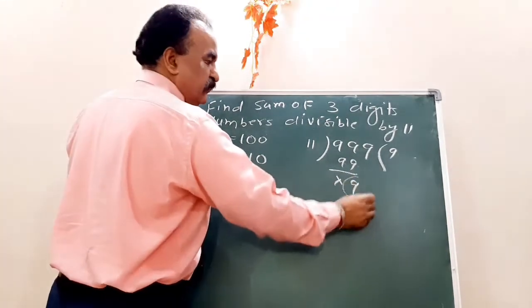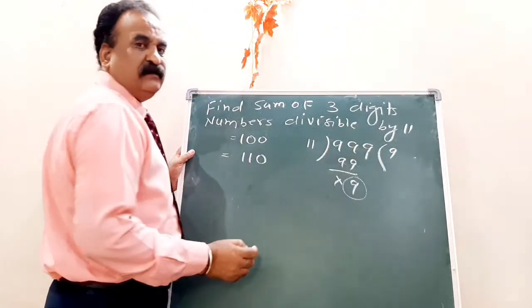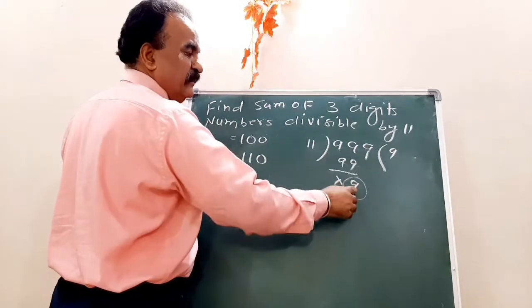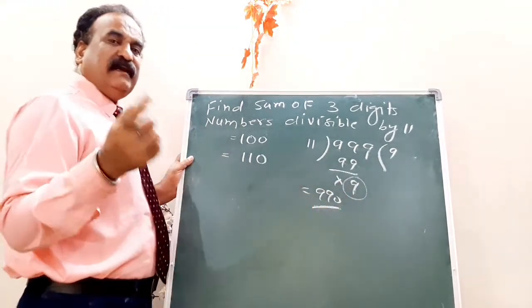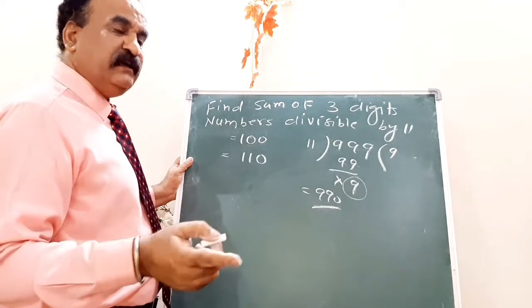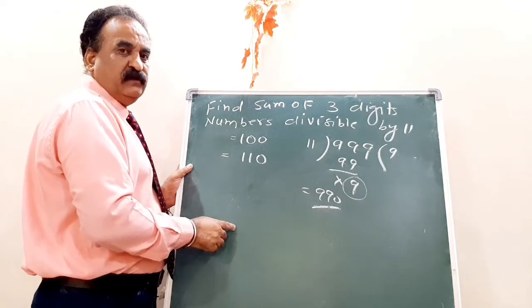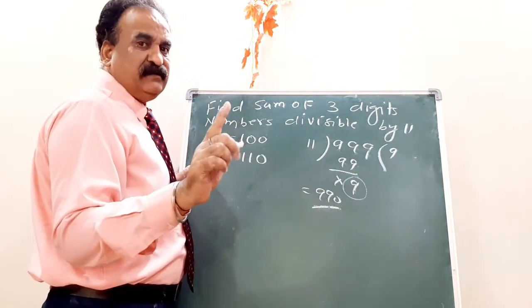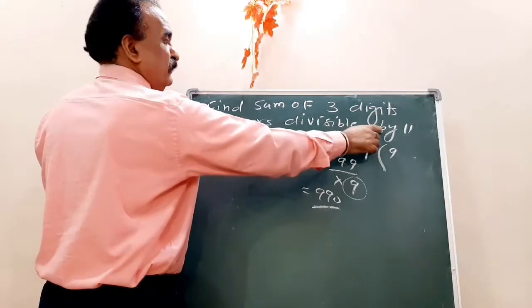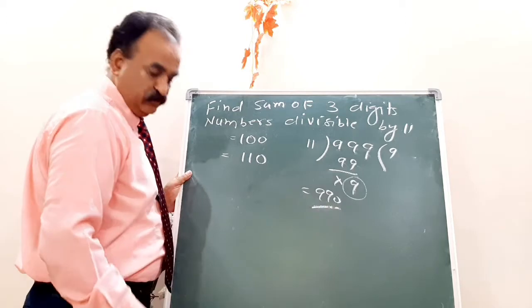It means you are getting 9 extra. So you subtract 9 from 999. It means 999 minus 9 will be 990. So the largest three-digit number divisible by 11 is 990.